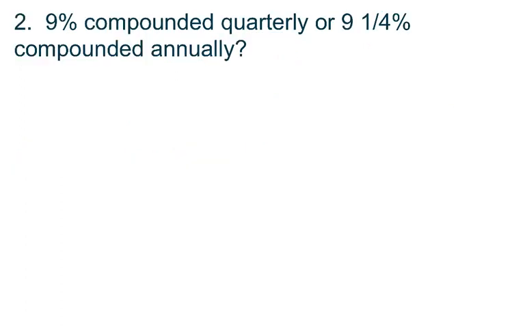Okay, the next one, we want to know 9% compounded quarterly, this will be the first one, and the second one is 9.25% compounded annually. So let's do the first one. We have A, and we're going to use 10,000 again.